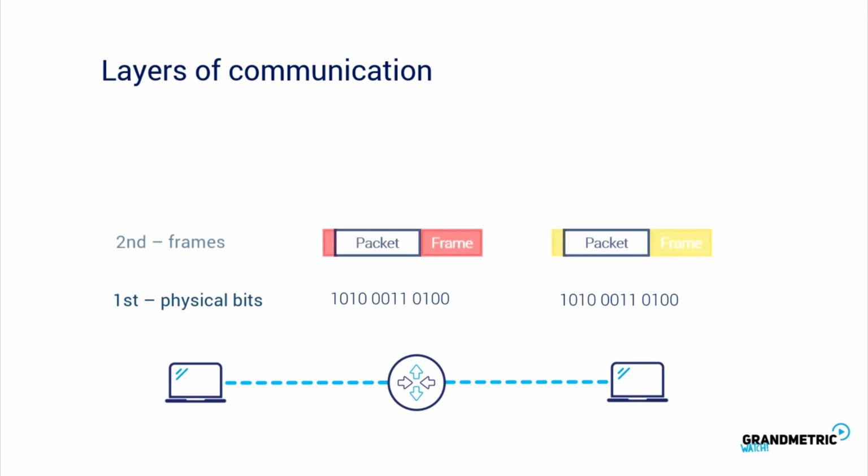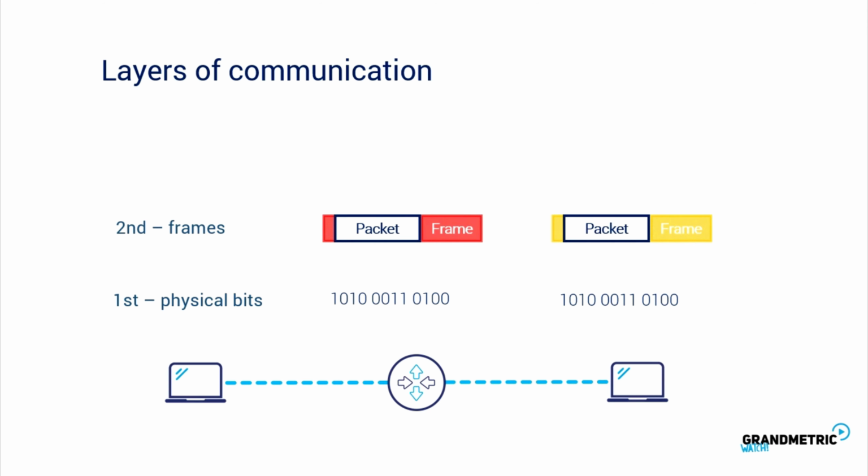We know that those bits are interpreted by devices and form the frames, and in turn the frames are strictly related to medium type like copper cable or wireless access. We also know that frames encapsulate the packets that are transported from the source to the destination. In other words, end to end.